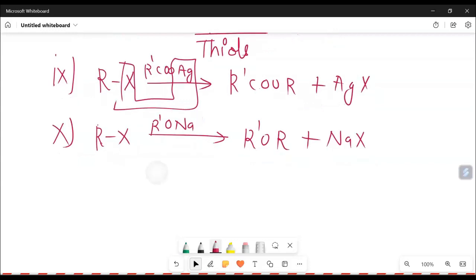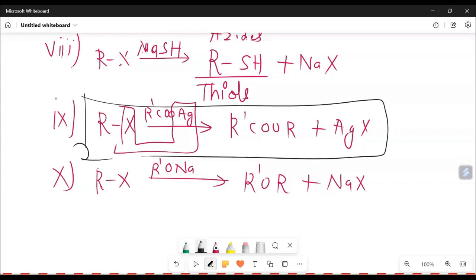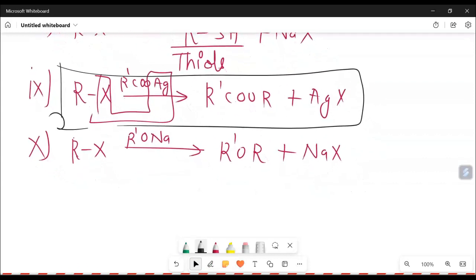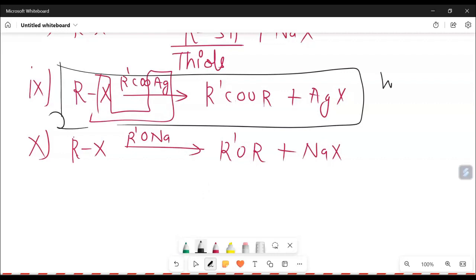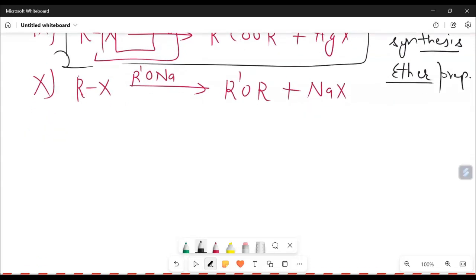This reaction is very important, and this is also known as Williamson synthesis. Any kind of ether you can prepare from this reaction. Ether preparation from the R-X, so you can remember that.